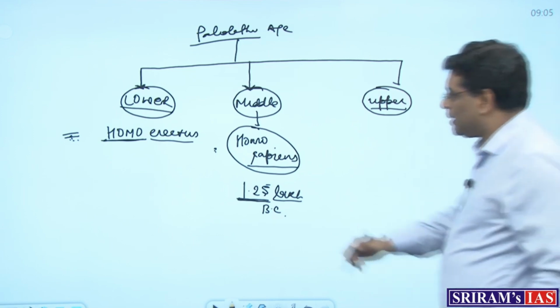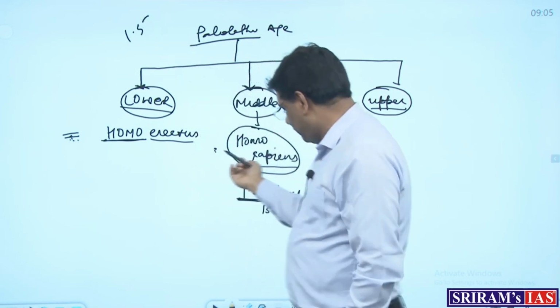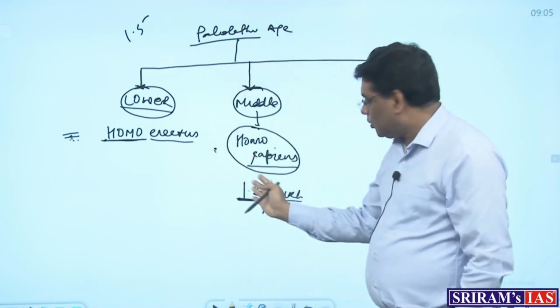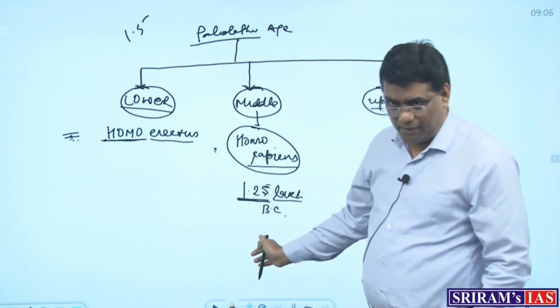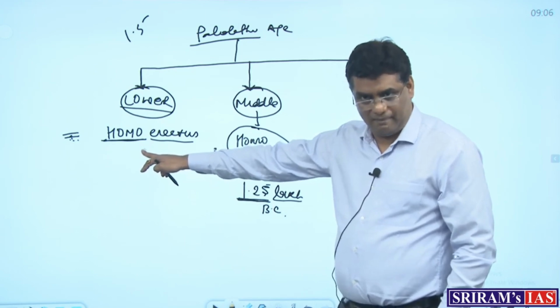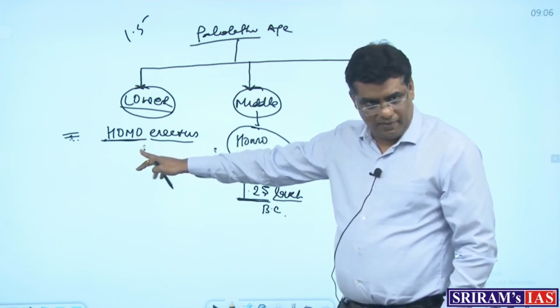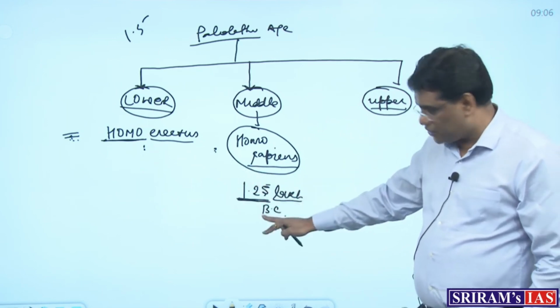And when did the Paleolithic age start? 1.5 lakh BC. So the Paleolithic age started 25,000 years before humans came into existence. That is why we call it Homo erectus. The first Homo erectus came, and then gradually, after 25,000 years, Homo sapiens evolved.